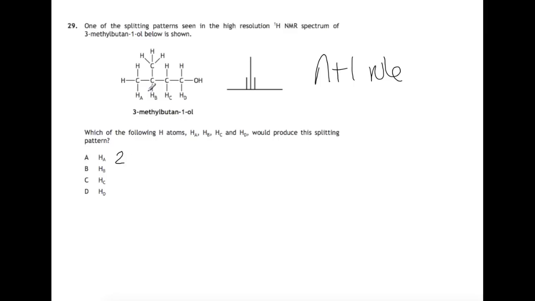So we have 8 hydrogens on neighbouring carbons, and +1 would be 9 lines seen. For C, we have 1, 2, 3, so 3 + 1 is 4. And then for D, we're only looking at the hydrogens on neighbouring carbons, so we've got 2 hydrogens there, so 2 + 1 is 3. So this would be the one to show this particular splitting. So HD is our answer.